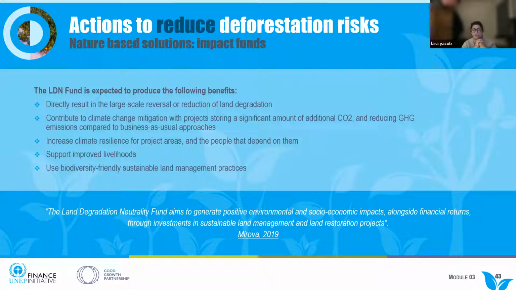So nature-based solutions, they may be used to reduce deforestation risk. And earlier this week, we actually concluded the module on nature-based solutions for banks.